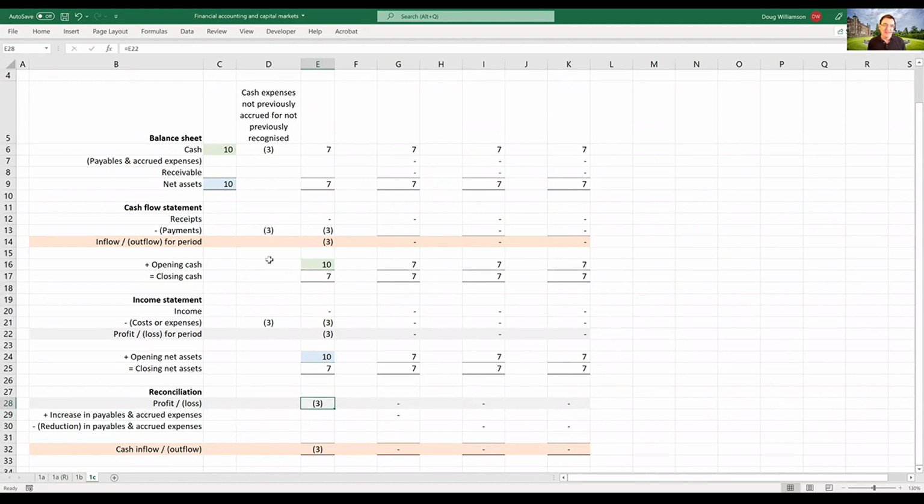We settled it in cash immediately. So the item is in both the cash flow and the income statement. There's no difference between cash flow and income statement.